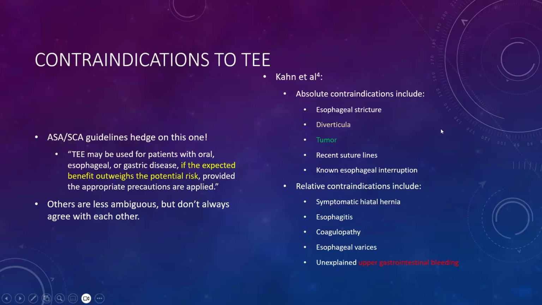This is Dr. Ron Kahn. He's one of the experts in TEE. He lists some absolute contraindications: stricture, diverticula, tumor, recent suture lines, interruption, and then some relative ones: unexplained upper GI bleeding, varices, coagulopathy, hiatal hernia, right?